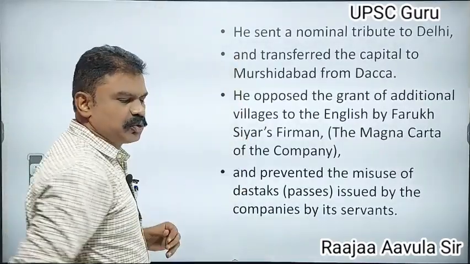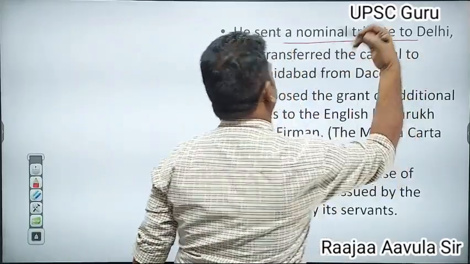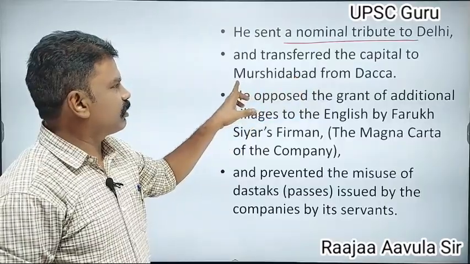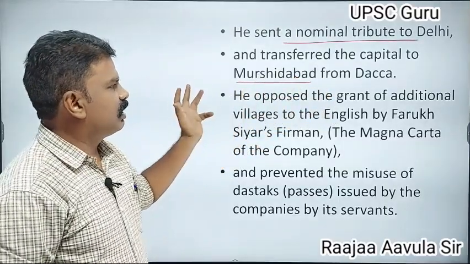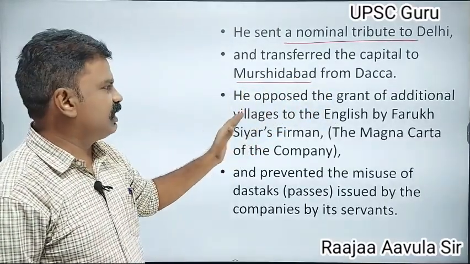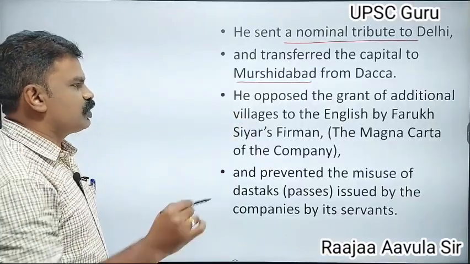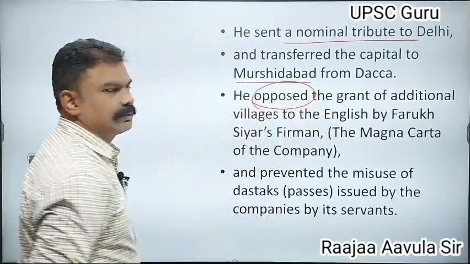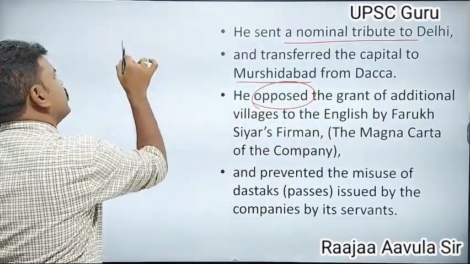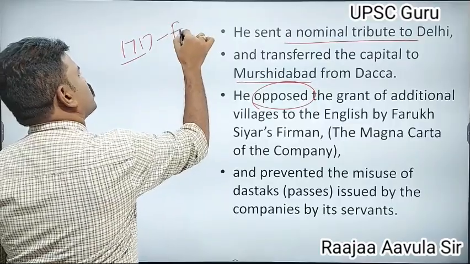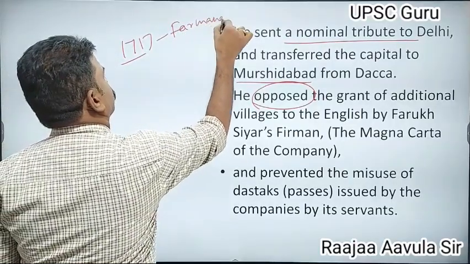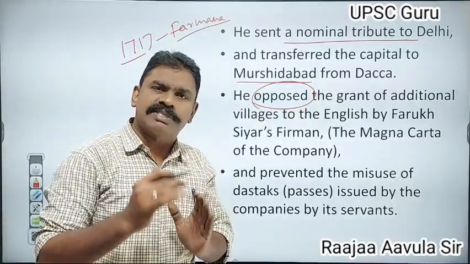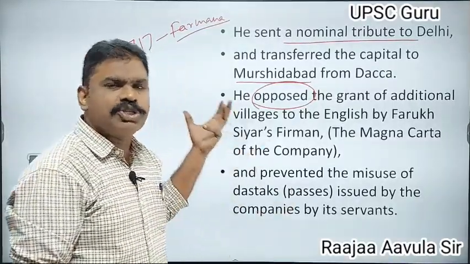Initially, Murshid Quli Khan sent a nominal tribute to Delhi. Whenever he shifted the capital to Murshidabad from Dhaka, he opposed the grant of additional villages to the English East India Company, which was given by Farrukhsiyar. This is important to understand. Originally in 1717, Farrukhsiyar gave the Farman to the British East India Company. In that Farman he gave some villages, but the British asked for some other additional villages from Murshid Quli Khan.